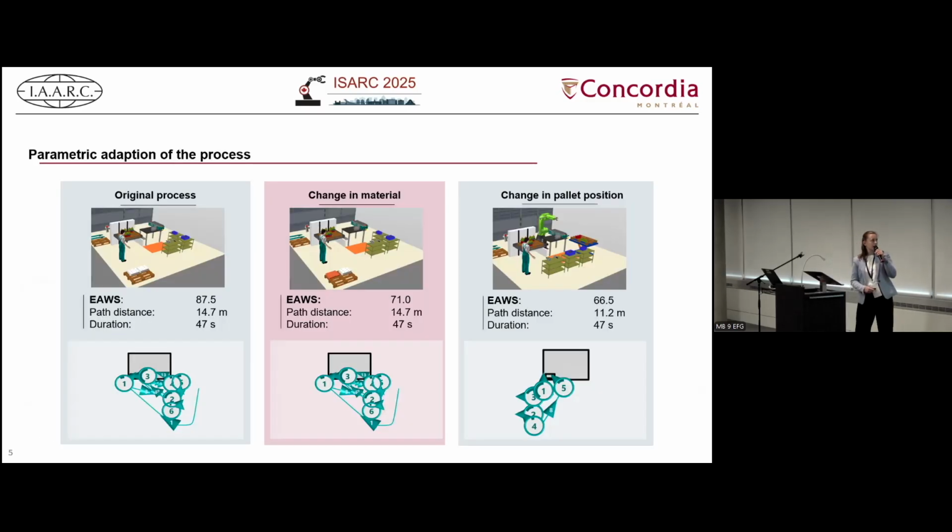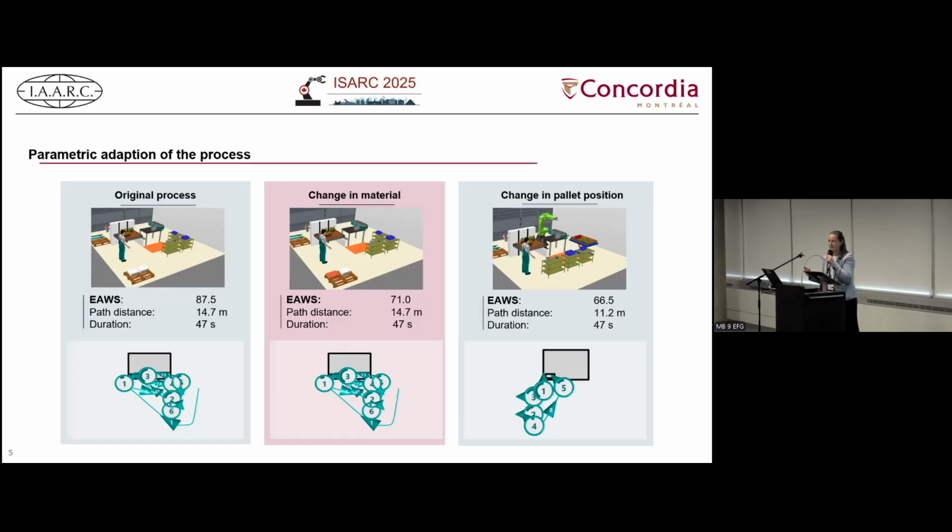In detail, I brought you an exemplary process adaptation. Here on the left, we have the original process with an EAWS score of 87.5. And on the bottom, you can see the so-called spaghetti chart.